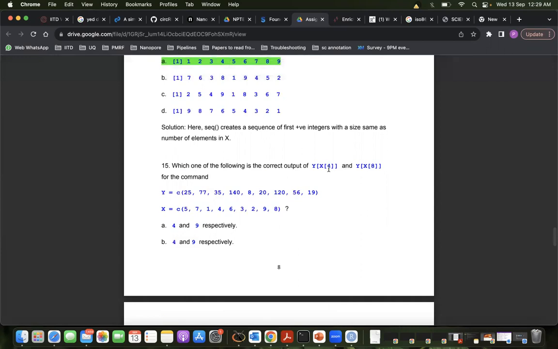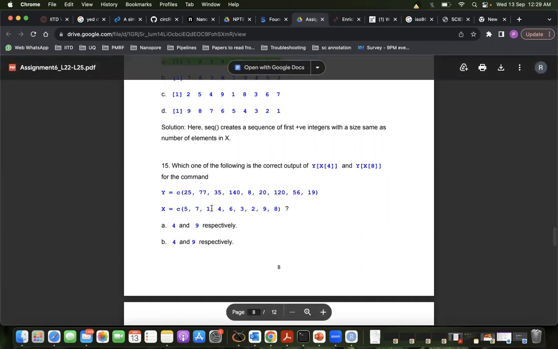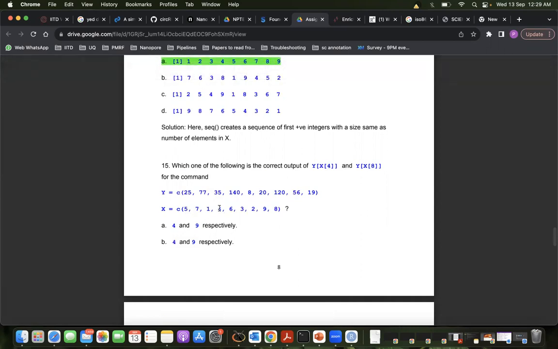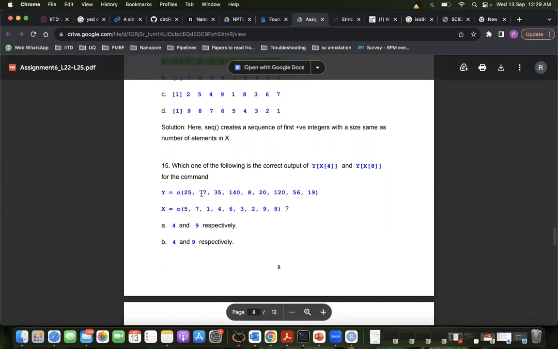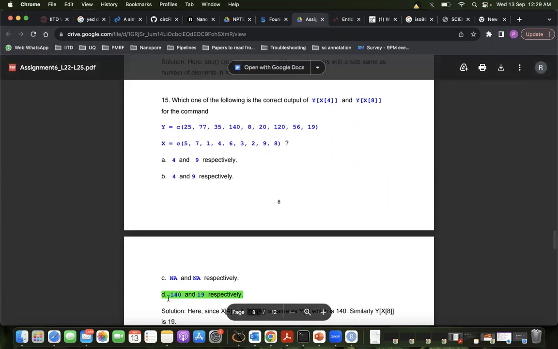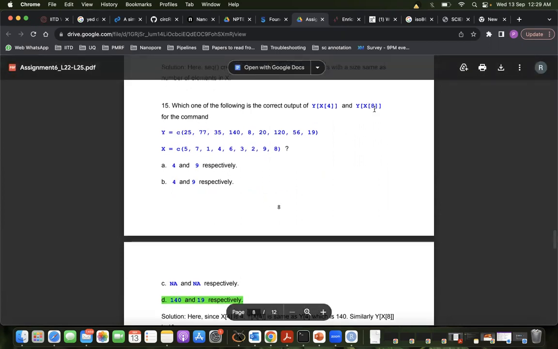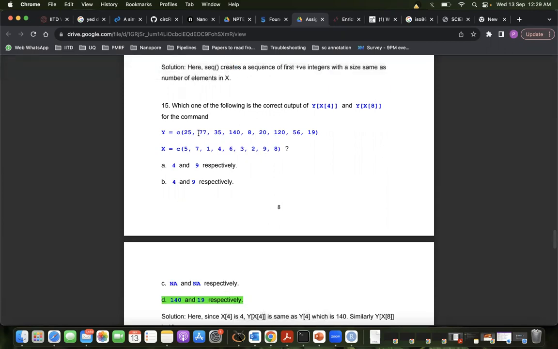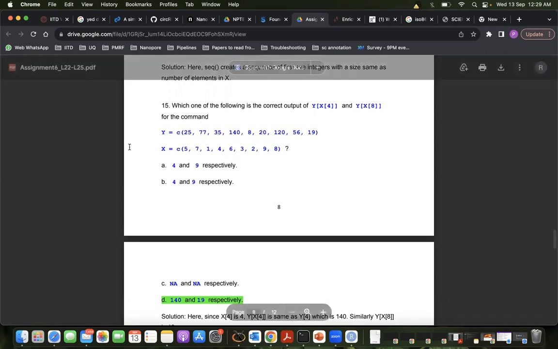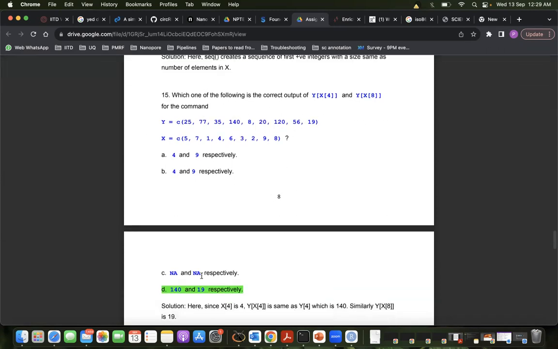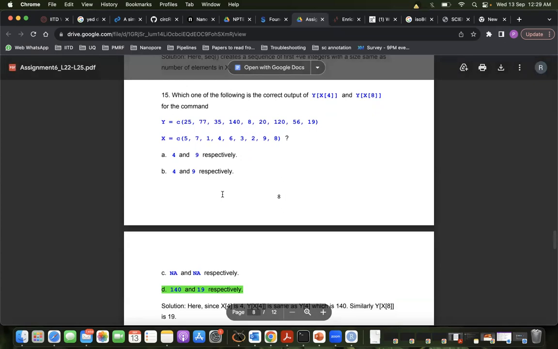So x[4] means the fourth element of x, which coincidentally is 4. So you take y[4]: 1, 2, 3, 4, that gives you 140. Then x[8]: 1, 2, 3, 4, 5, 6, 7, 8, that's 9. So you take the ninth element of y, which is 19. So 140 and 19.